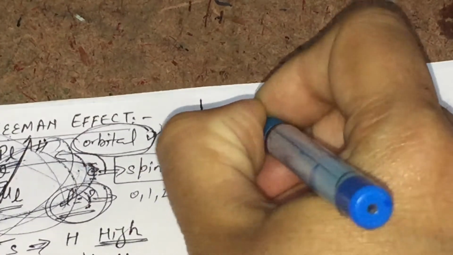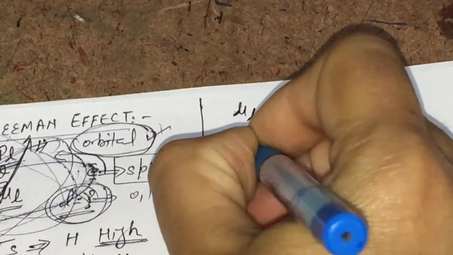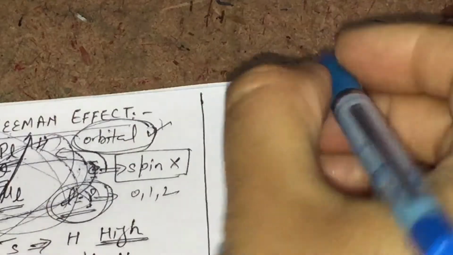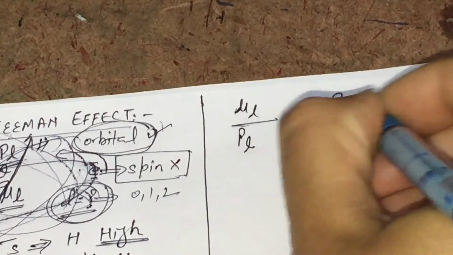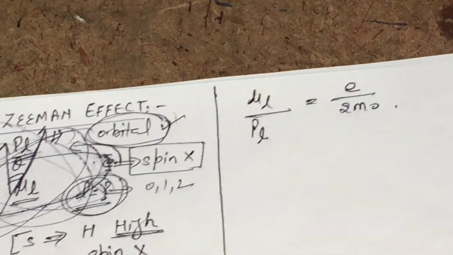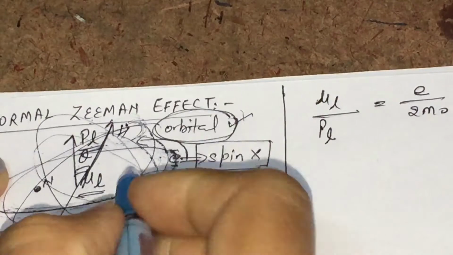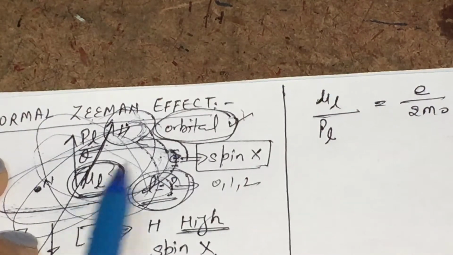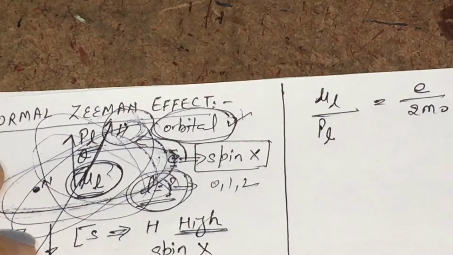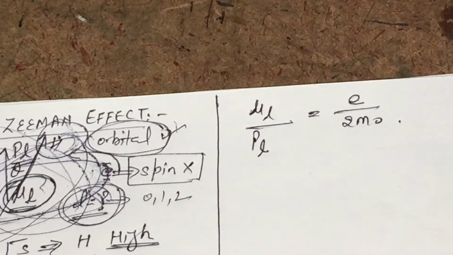As the orbital magnetic moment and mechanical angular momentum have a ratio of e divided by 2m0, we know that this magnetic field will interact with the magnetic field produced by the orbital motion of the electron. It means there is a change in frequency.